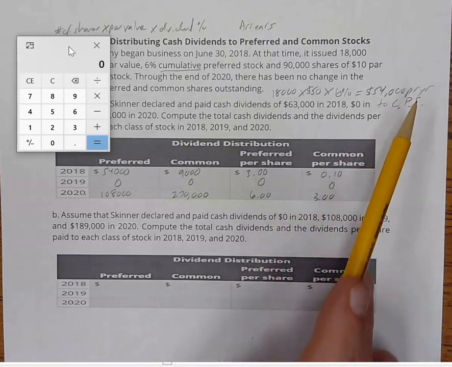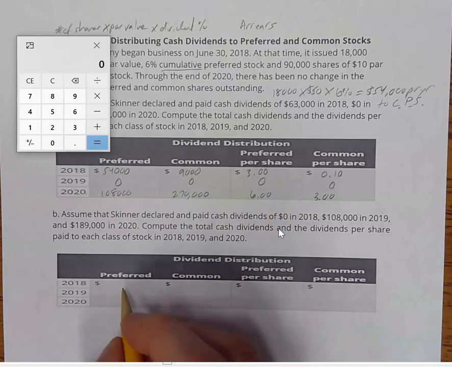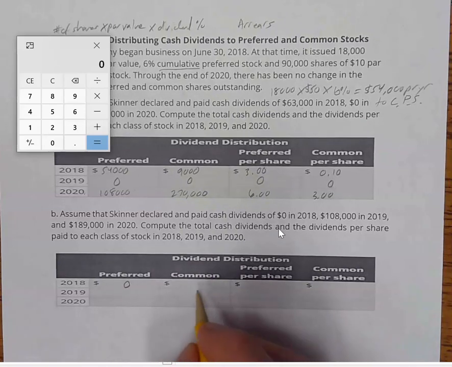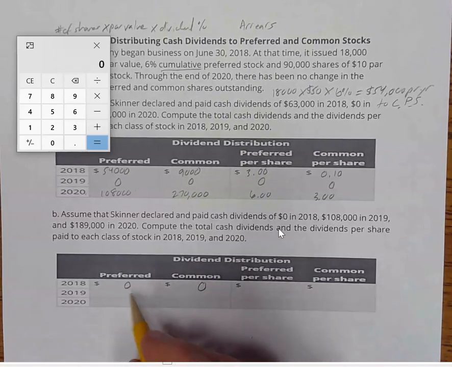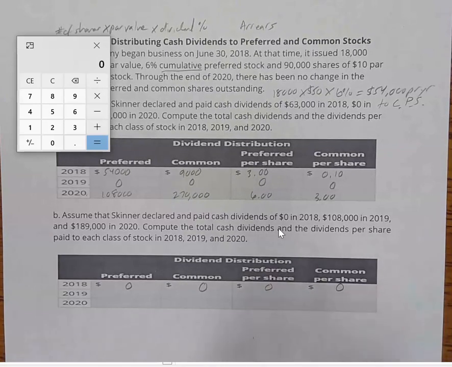It's still going to be $54,000 per year owed to preferred stockholders. But they're going to change the facts around. Now they're saying they didn't pay anything in 2018. Okay, well that's easy enough. If that's true, preferred got nothing, common stockholders got nothing, and there is no per share value.